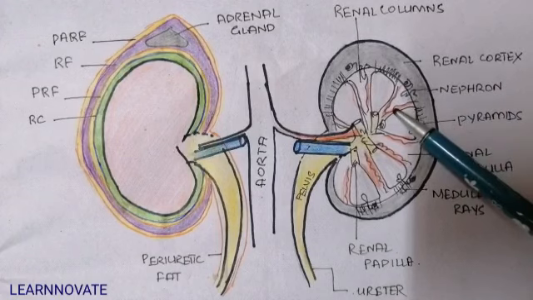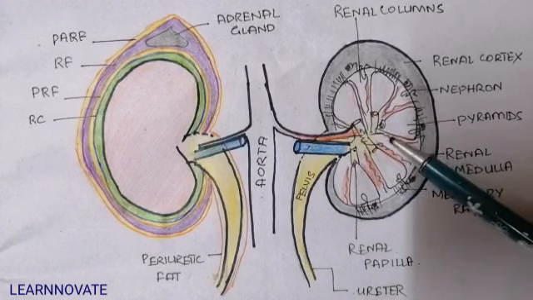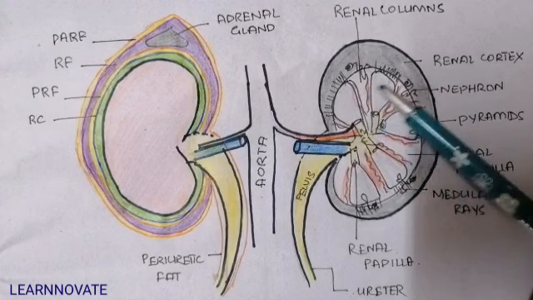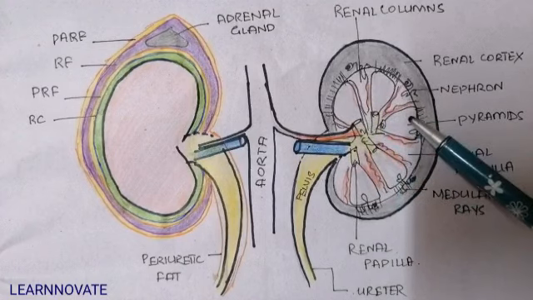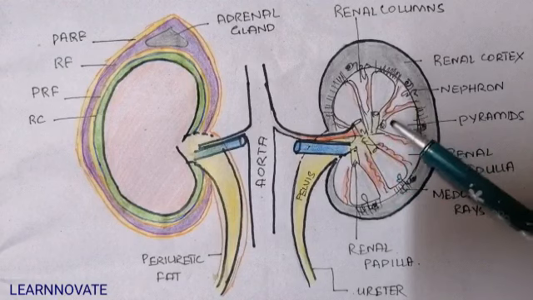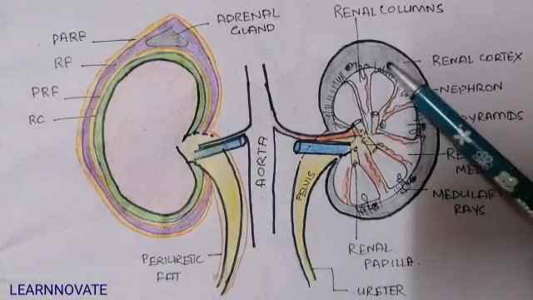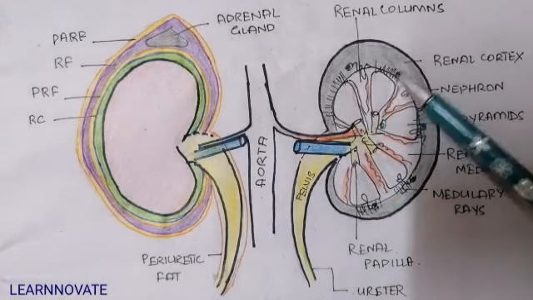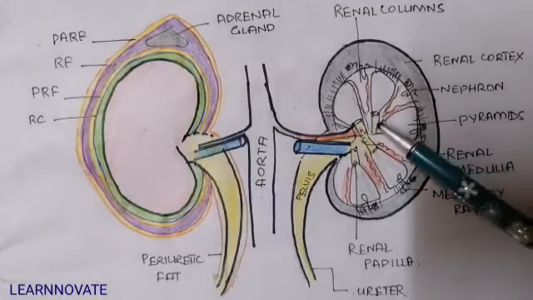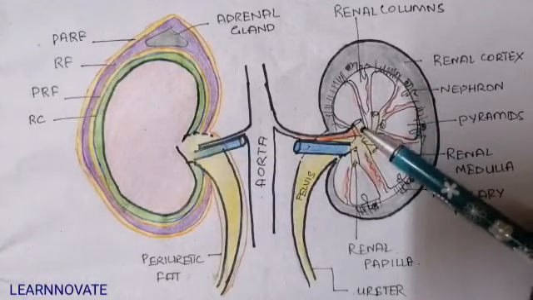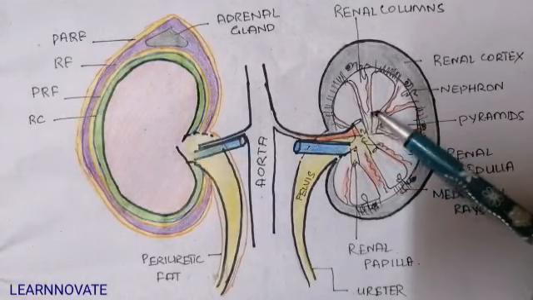Now if we see the inner, lighter region, that is the renal medulla, we can see structures called the pyramids. These triangular-shaped pyramids have their apex toward the center and their bases attached at the corticomedullary junction. These pyramids connect with the minor calyces by the papilla.